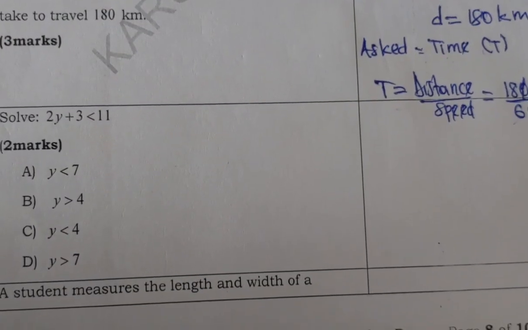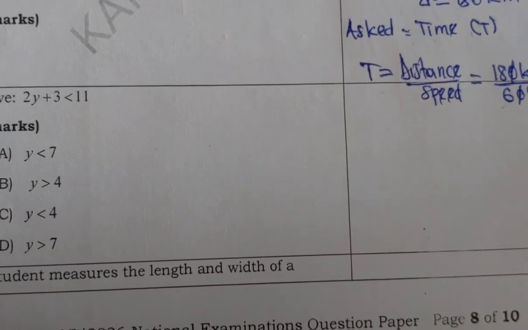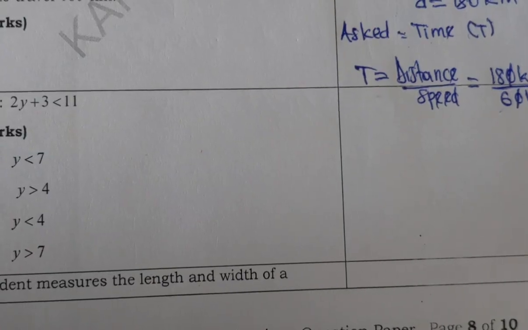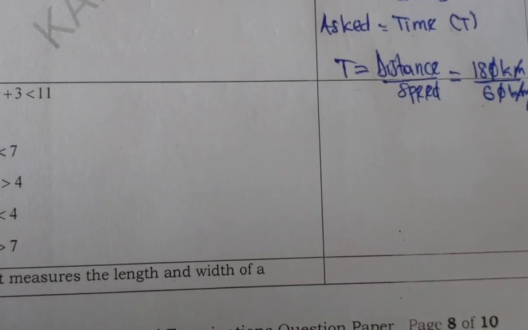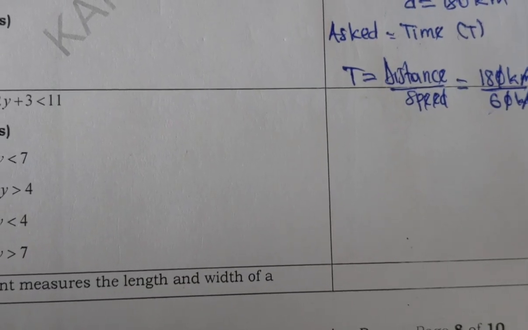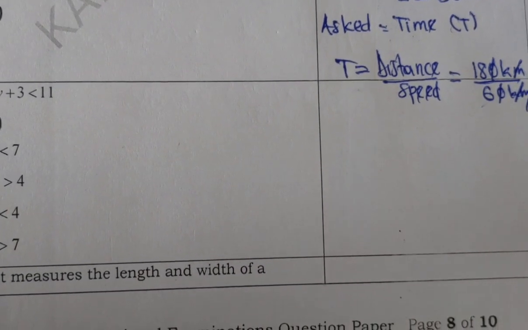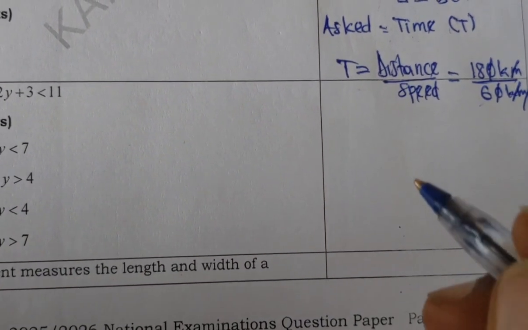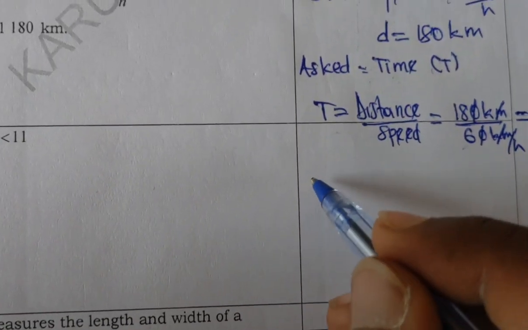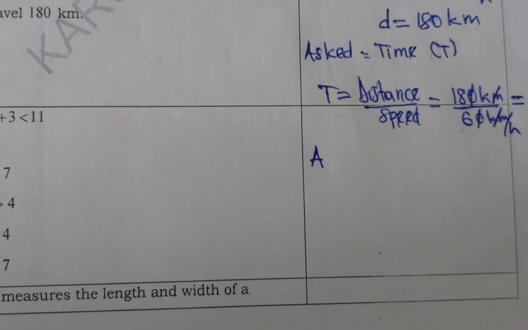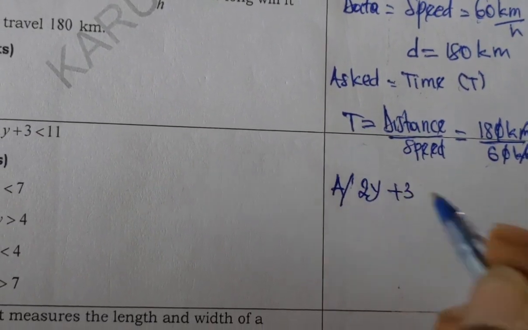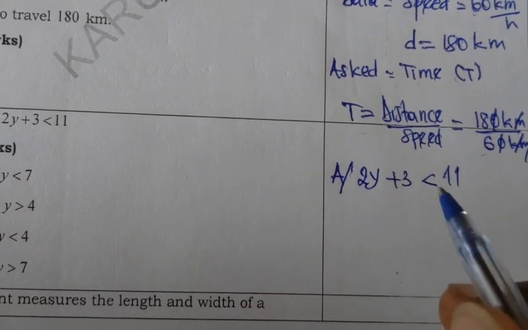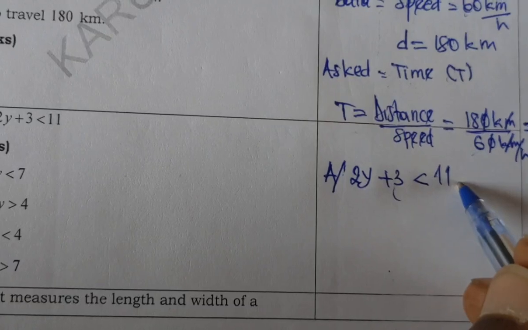For question 33, they said solve 2y plus 3 less than 11. To mean that is an inequality. Here I'm going to solve for the value of y. The answer will become 2y plus 3 less than 11. To mean this 3 is going to move after 11.